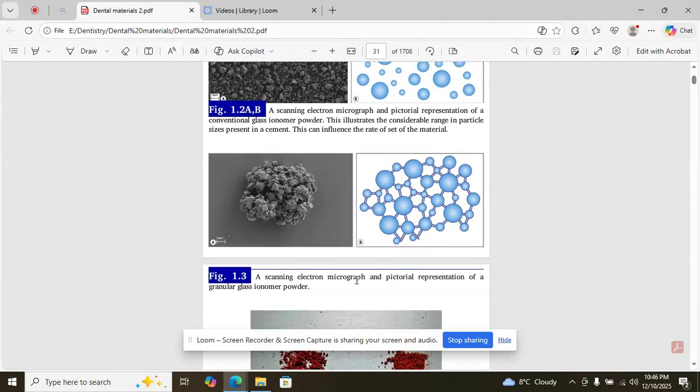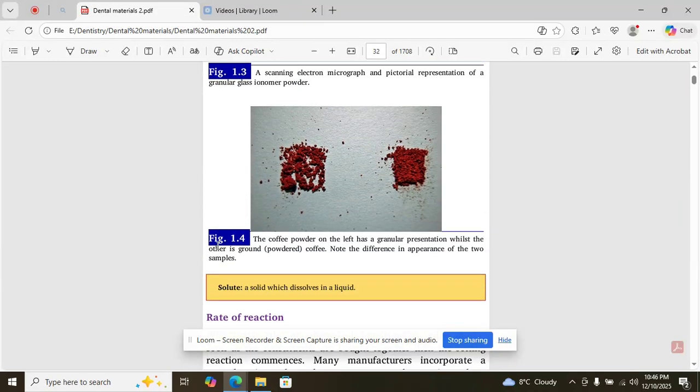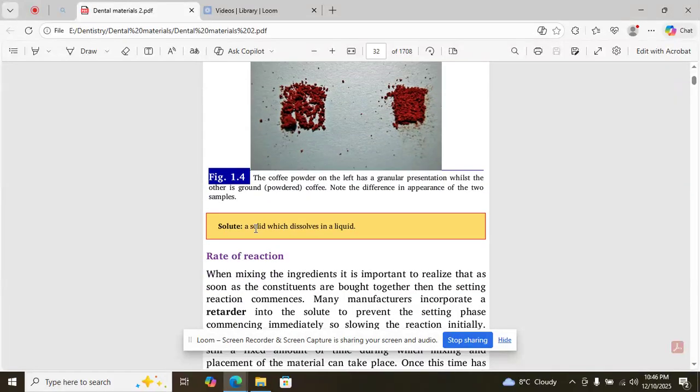A scanning electron micrograph and pictorial representation of a granular glass ionomer powder. Figure 1.4, the coffee powder on the left has a granular presentation whilst the other is ground powder coffee. Note the difference in appearance of the two samples. Solute is a solid which dissolves in a liquid.